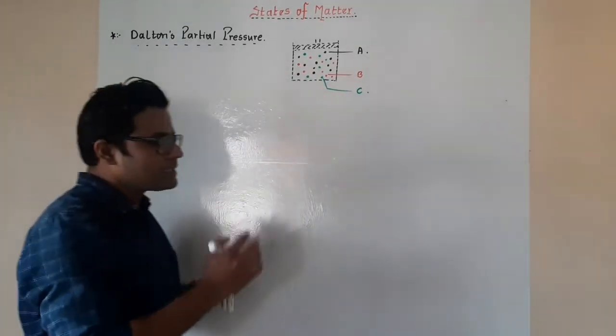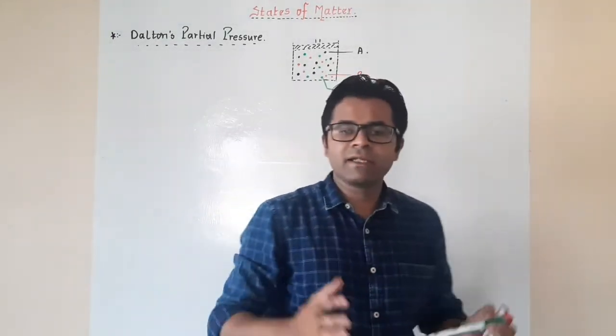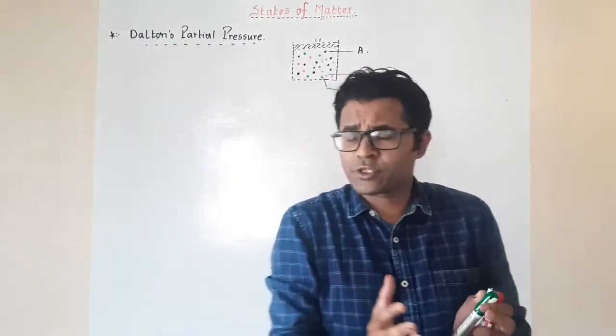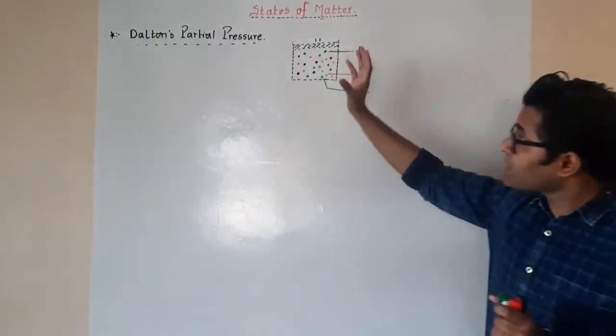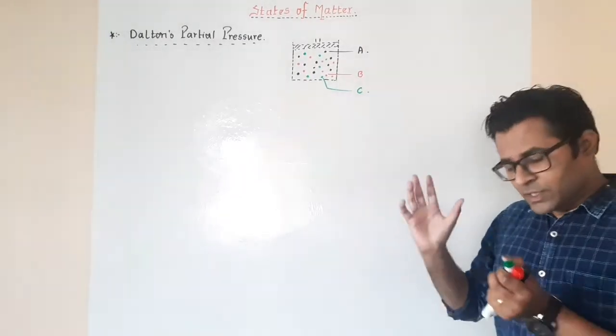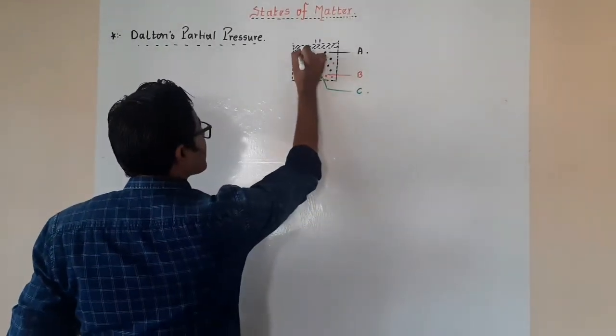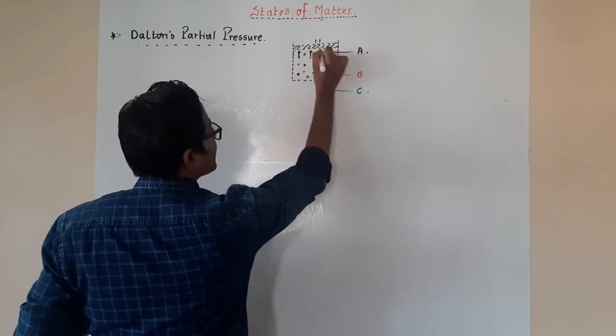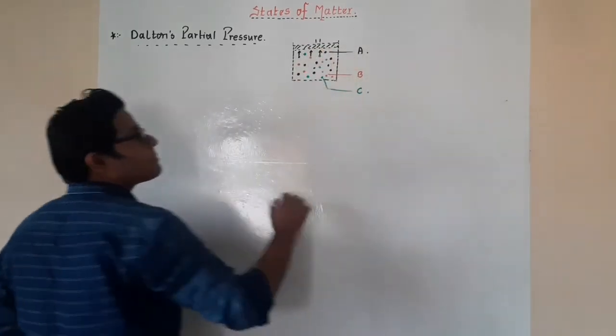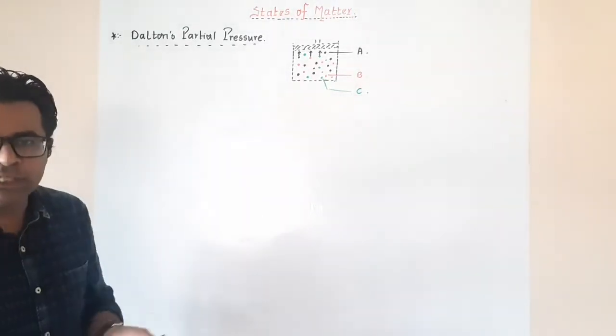Okay, so Dalton's partial pressure says that whenever a container has a mixture of non-reactive gases, these non-reactive gases are going to have pressure induced on the walls of the container.